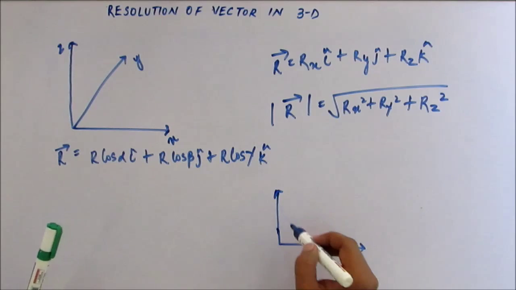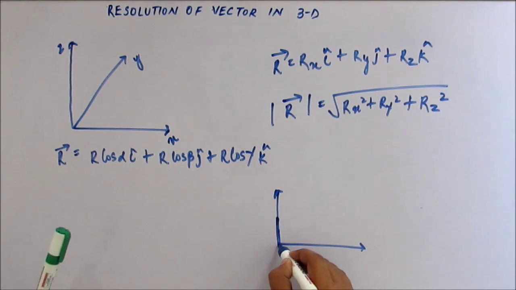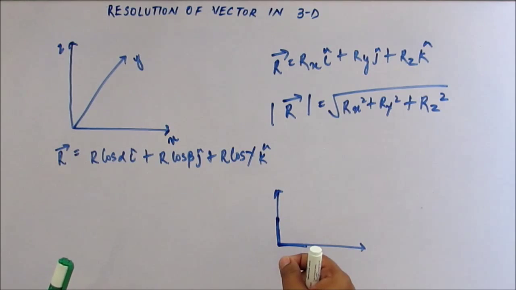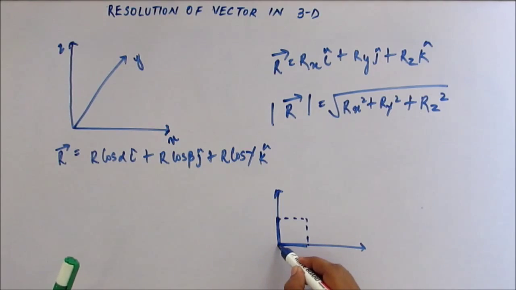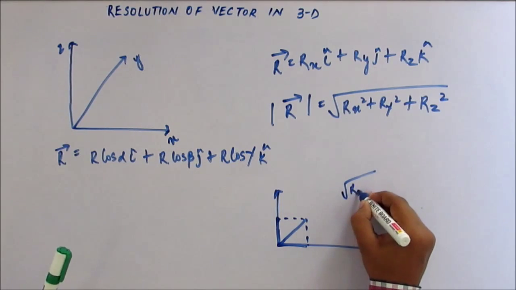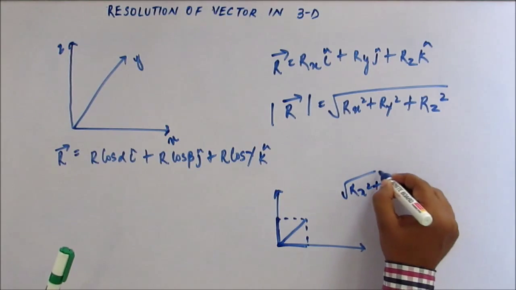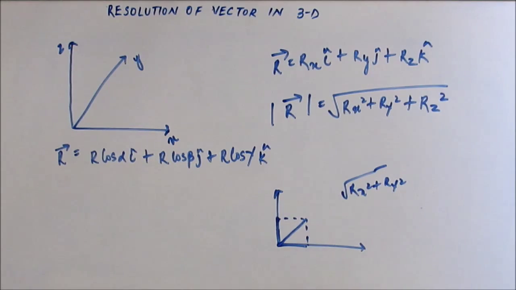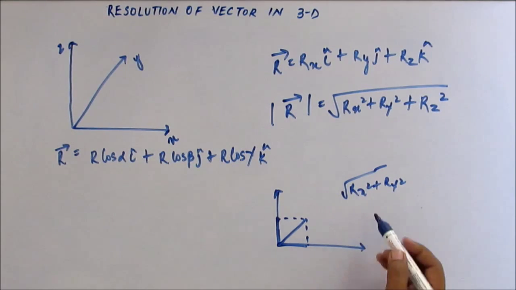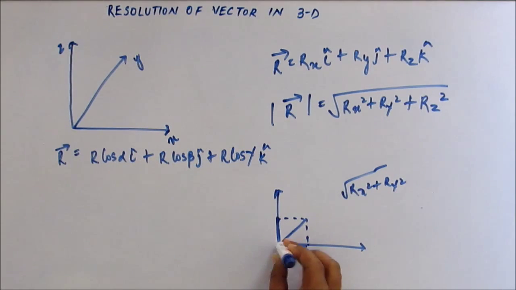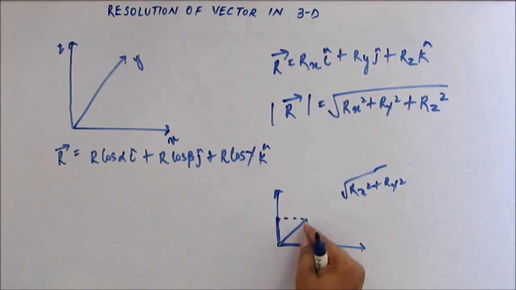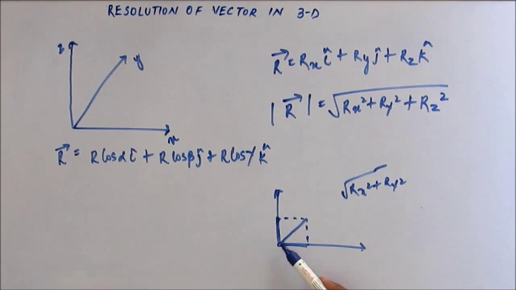If this is the axis and we have this as y component and this as x component and there is some z component, if we are just looking at these two, then root over Rx square plus Ry square is actually this length, from the vector addition we have seen before. If we club it with the component along z-axis, then this component along z-axis is perpendicular to this line. They again form a right angle triangle.